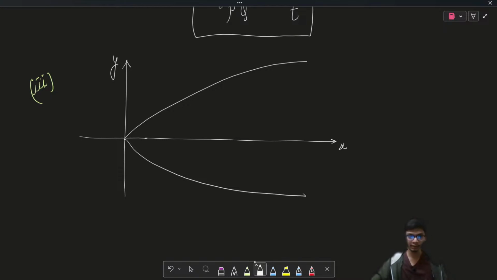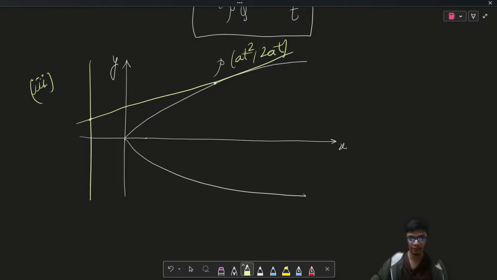Now the length of the tangent between the point of contact, so if I take P as my point of contact, which is given as (at², 2at), this is my point where the tangent is drawn. And the point where this tangent intersects the directrix is given as point Q.